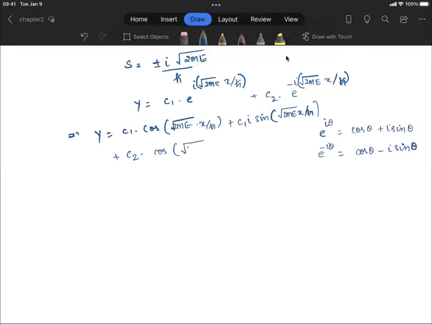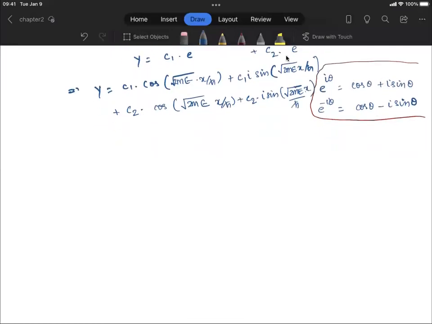All I'm doing here is simply writing the exponent part in terms of cosine and sine.